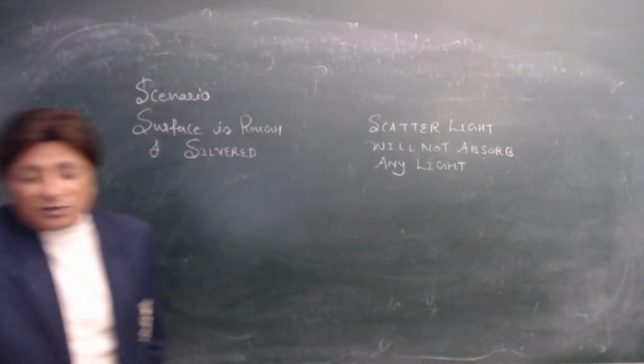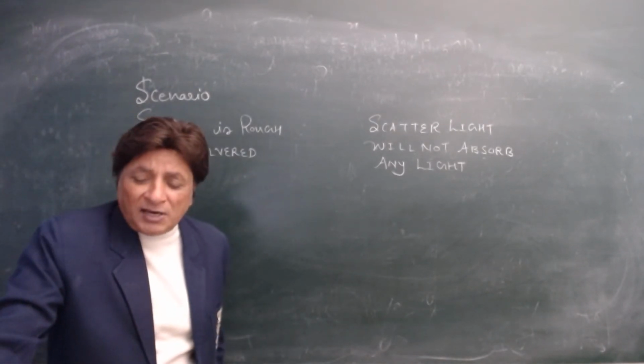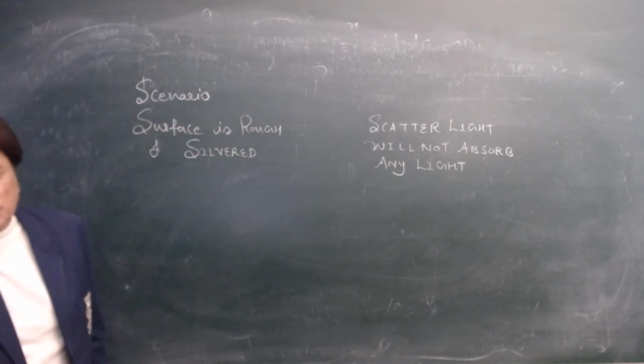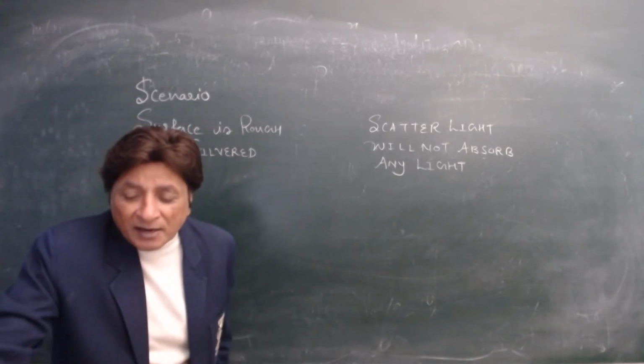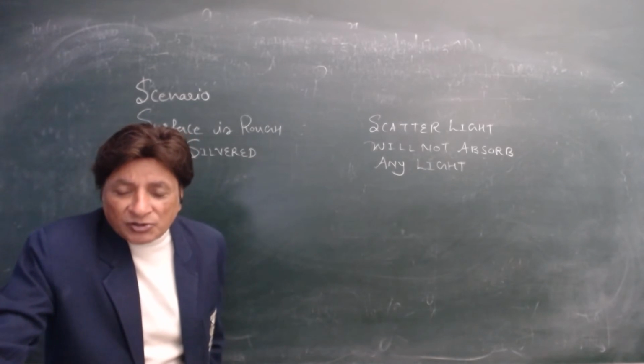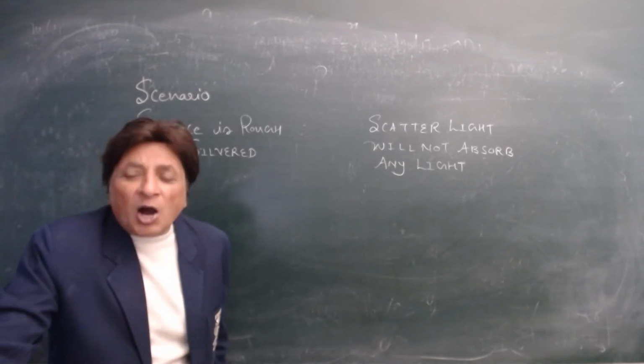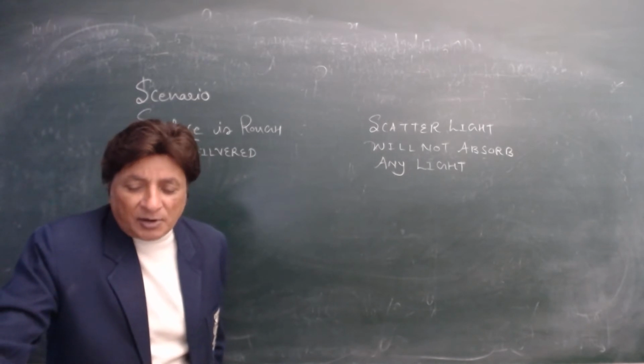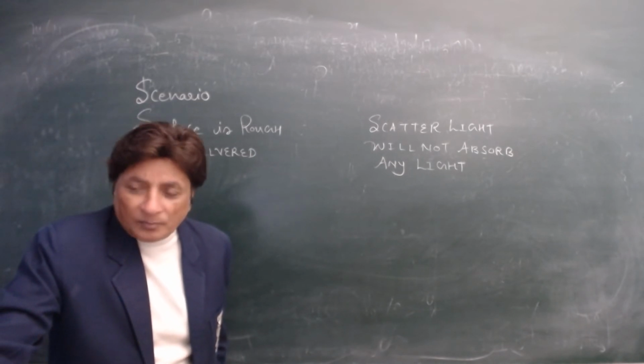As a result of this, we will see a bright surface but a distorted image. Got it?